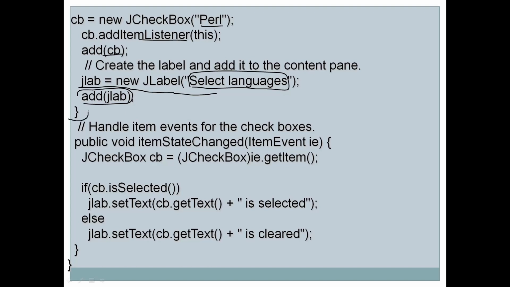Then this is the closing bracket of our makeGUI, and then we have one more function, that is public void itemStateChanged. Now, this is the function which is called whenever you check or uncheck the checkbox.